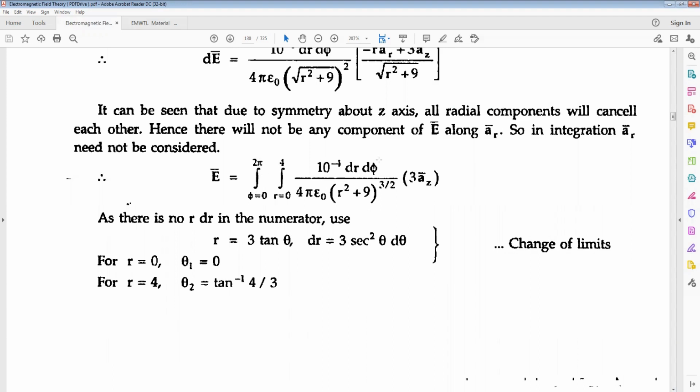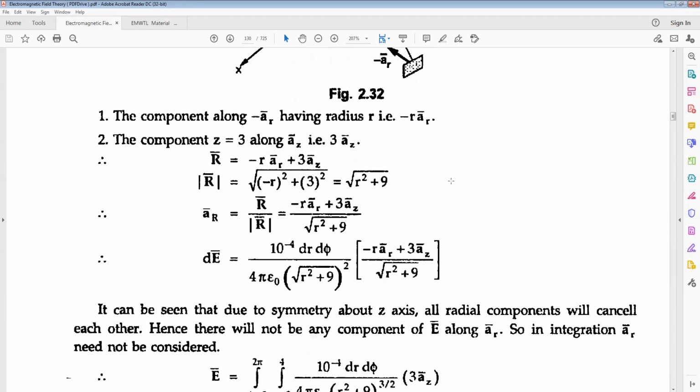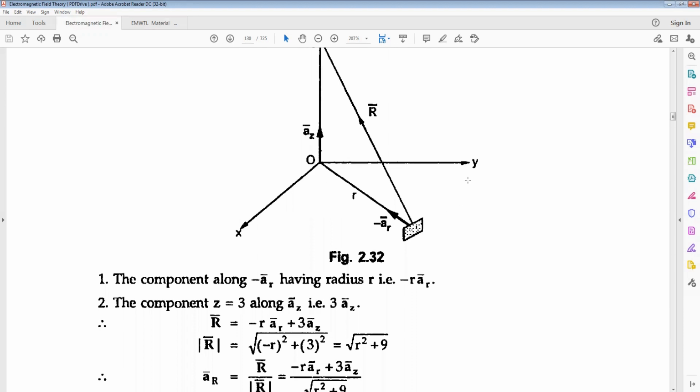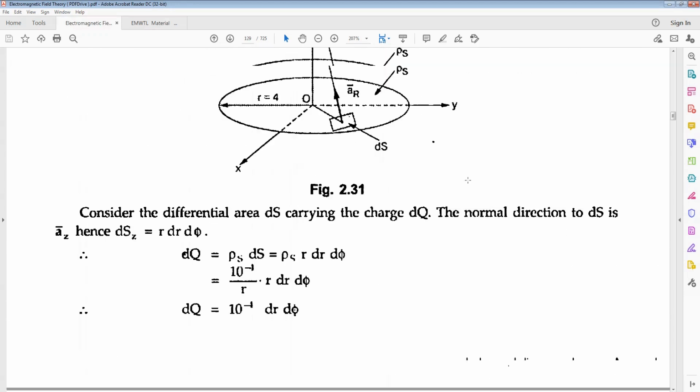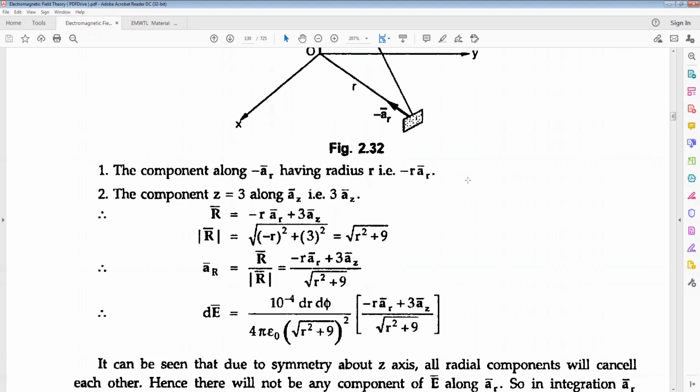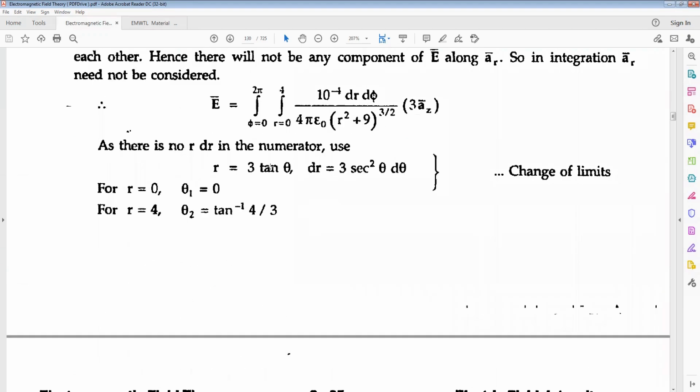Since there is no r and dr in the numerator, we use r as 3 tan theta. Using a right angle triangle, tan theta is equal to r by 3, where r is the opposite side and 3 is the adjacent side.